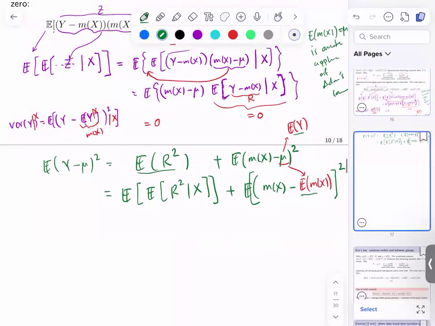So this by definition is, anyone knows what this is? I have a random variable, I subtract the mean, I square it, and I take the expectation. What is this quantity?